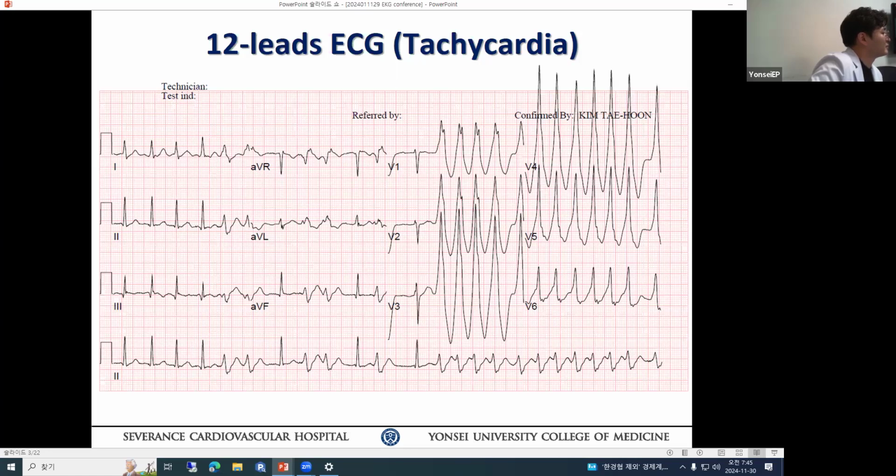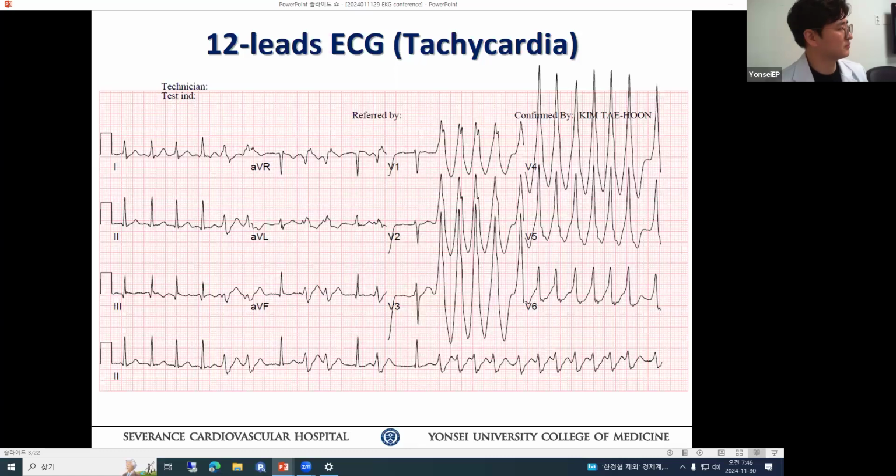And second choice, because I cannot fully exclude it, accessory pathway and atrial fibrillation. What is your first choice? Third choice, atrial fibrillation with aberrancy. So aberrancy or pre-excitation.